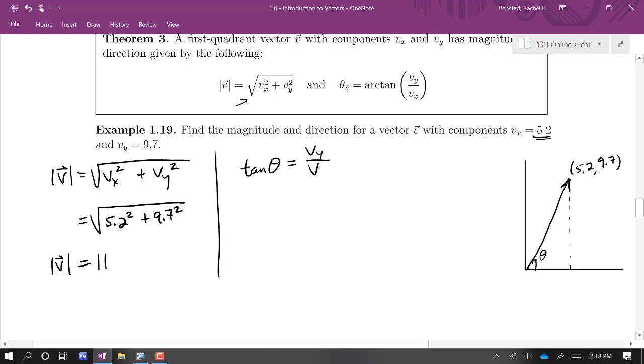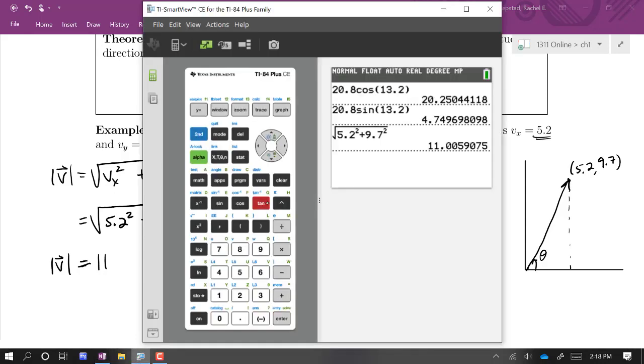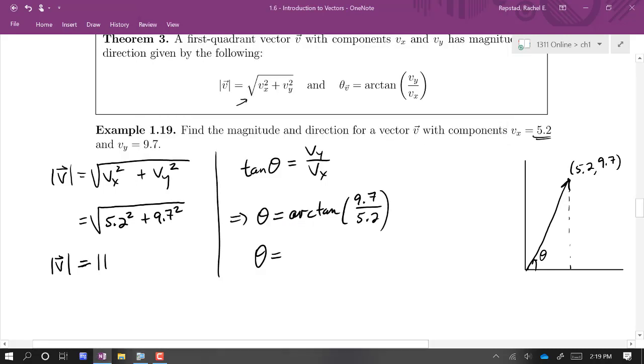So I know that tan theta is equal to Vy over Vx. So theta is arctan Vy over Vx, that's 9.7 over 5.2. I get 61.8 degrees.